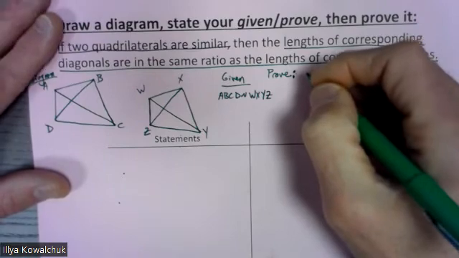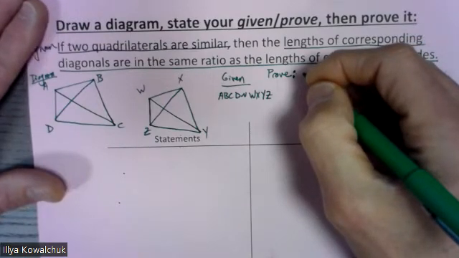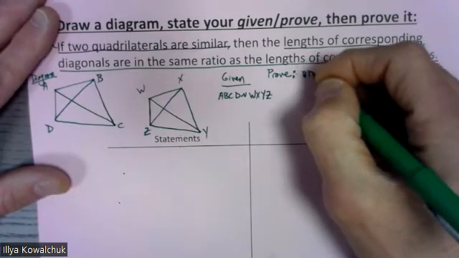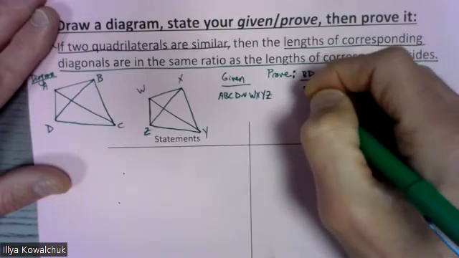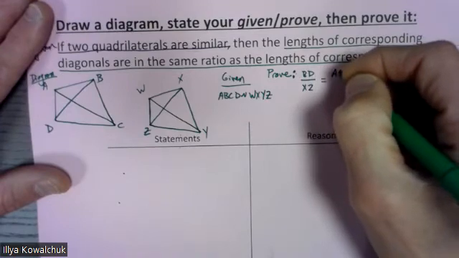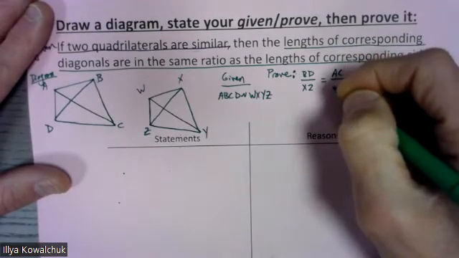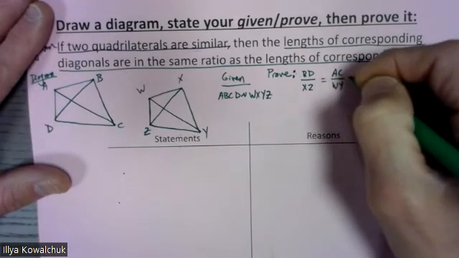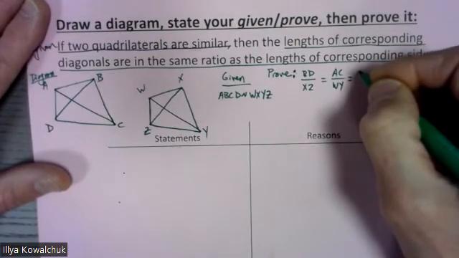We're trying to prove that the diagonals, so we have BD is to XZ as AC is to WY, as all of the sides are in proportion to each other.